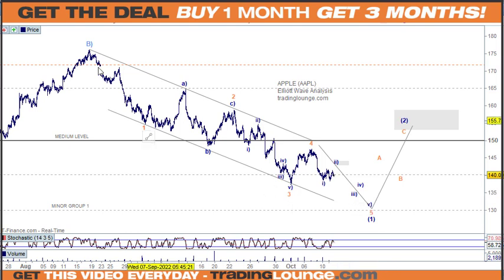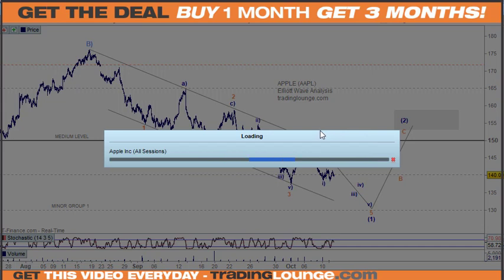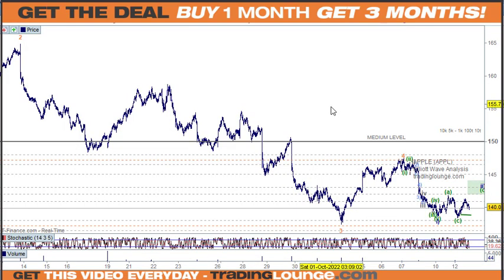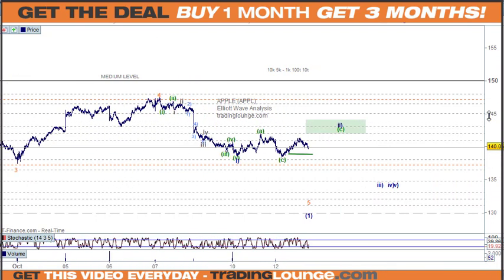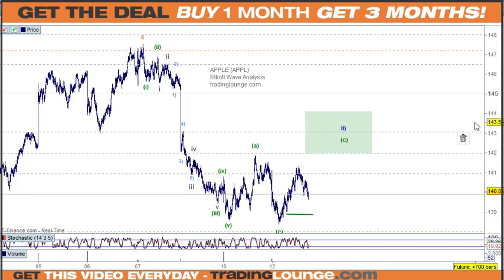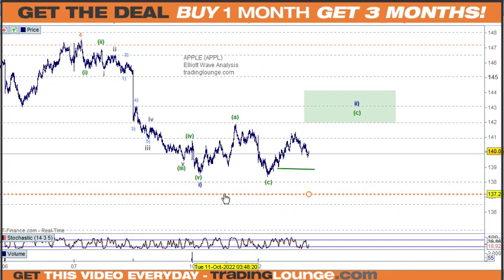I'll just go to the tick chart, this is 1000, we'll just go to 100 just to look at this in a little bit more detail. So I've done this one here as, I could put wave 4 here, I could do that, but I just wanted to make ourselves aware of what's happening here.